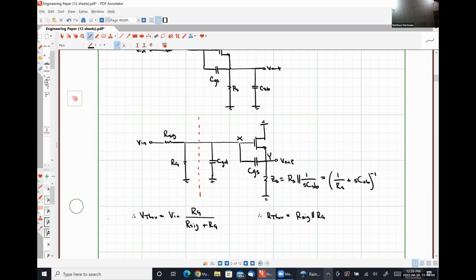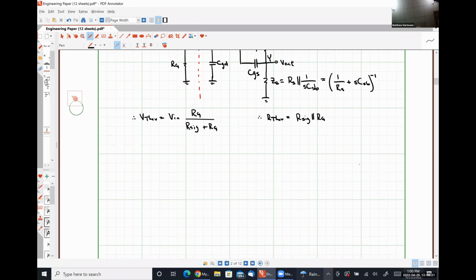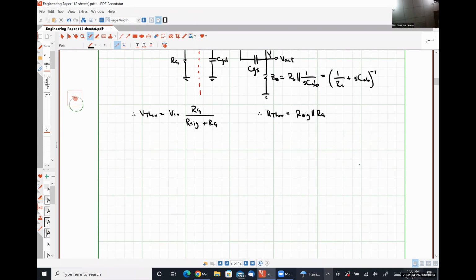All right. So what I'm going to do now is replace everything to the left-hand side of the red line with its Thevenin equivalent. And I'm going to represent everything to the right of the red dashed line with its small signal equivalent circuit. So that's going to look like the following network. I'm going to label it as small signal model.